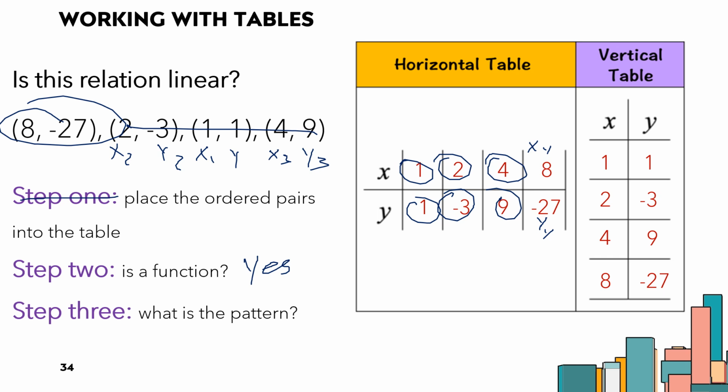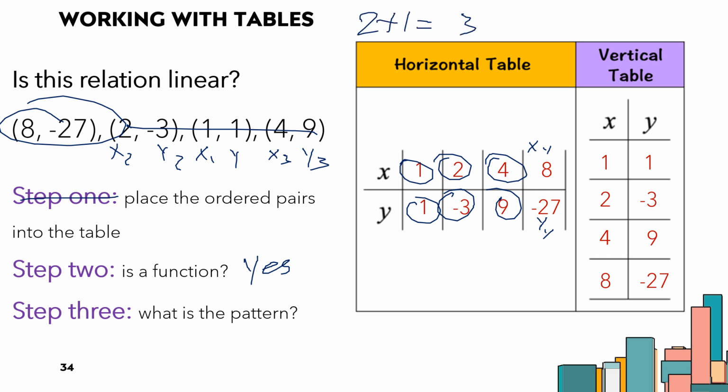And then finally, what is the pattern? Well, to go from 1 to 2, you've got two options. You can do 1 plus 1. That equals 2. So that would work. Let's see what happens if we add to 2 and 1. 2 plus 1 is 3.